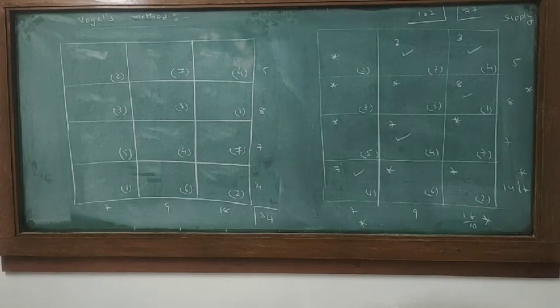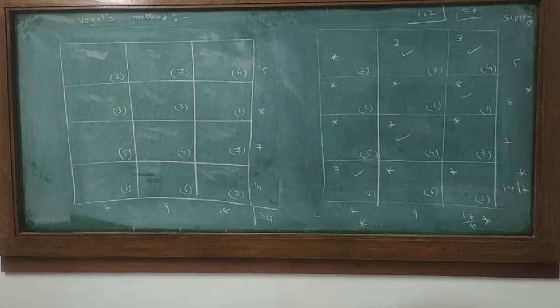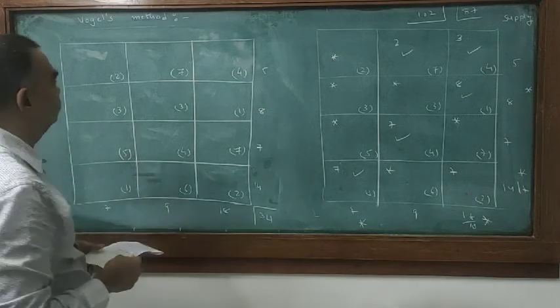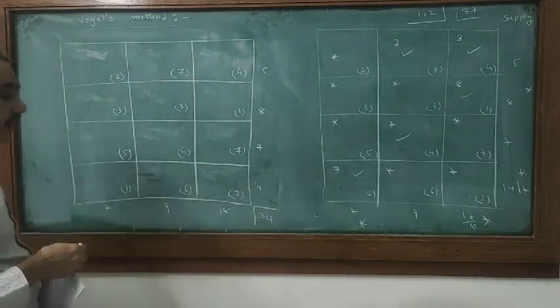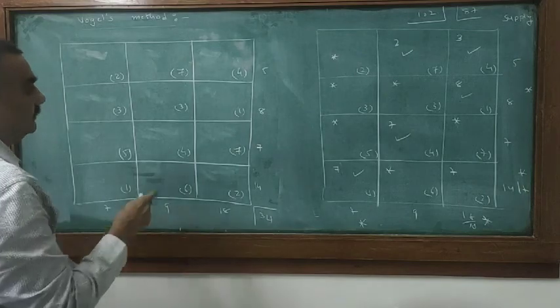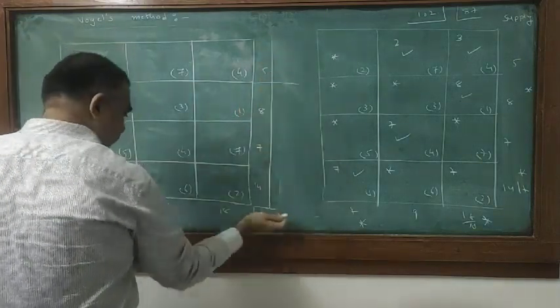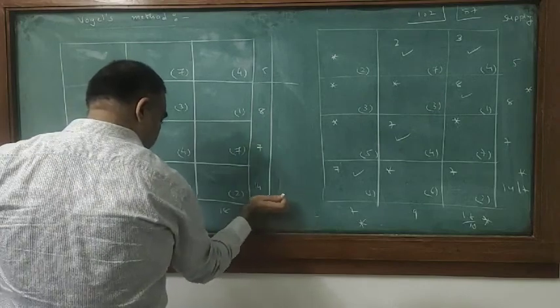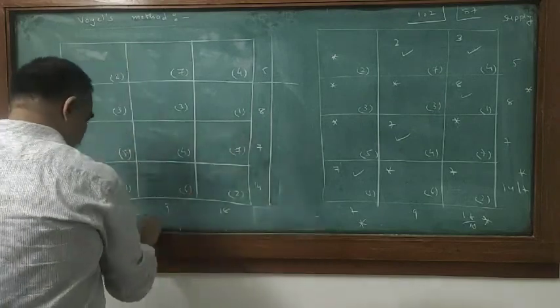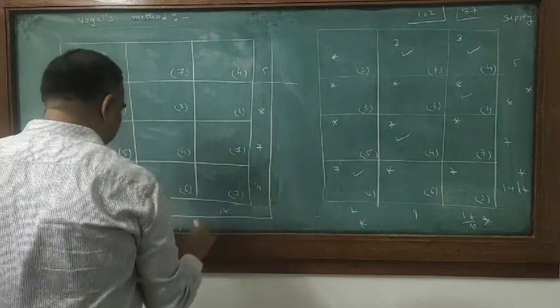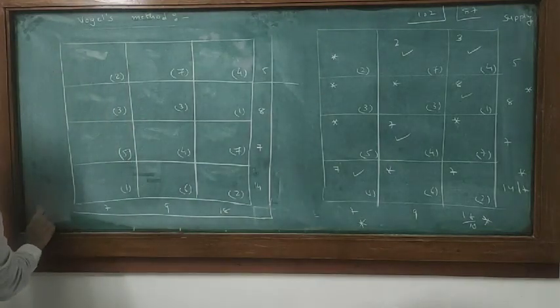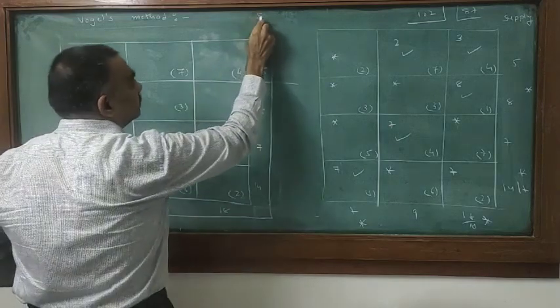Okay friends, now I start with Vogel's method. For that we have to calculate penalties. This is demand, this is supply.